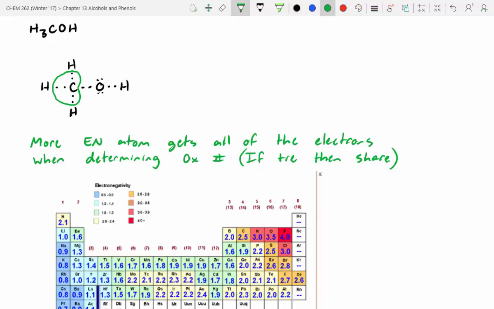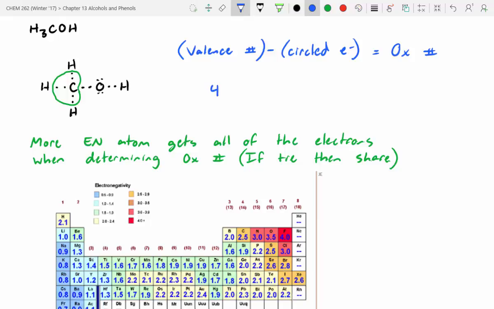So now what I do is I take my valence number minus my circled electrons, and this gives me my oxidation number. So if we do it for methanol, valence number for carbon is normally what? Oh, come on, guys. 4.